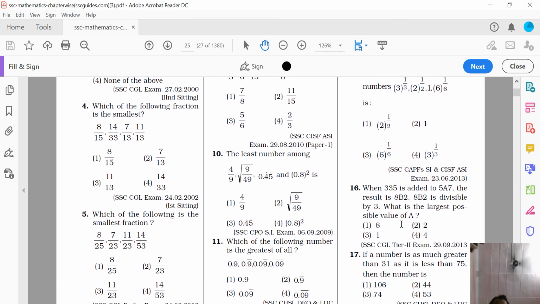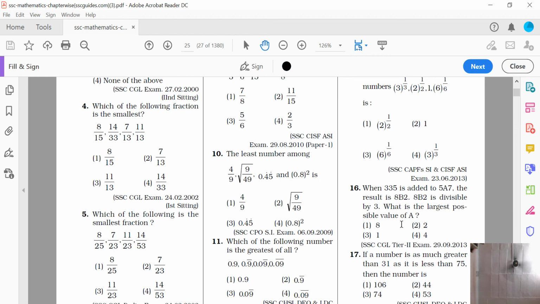Let's attempt question number 10. Question number 10 says: the least number among 4 by 9, root over 9 by 49, 0.45 recurring, and 0.8 whole square.